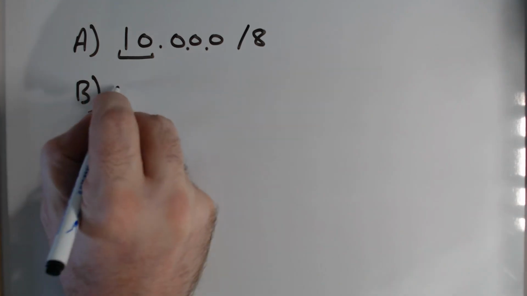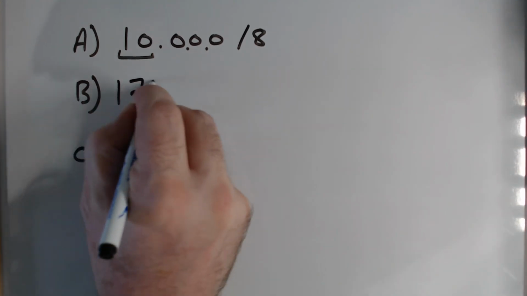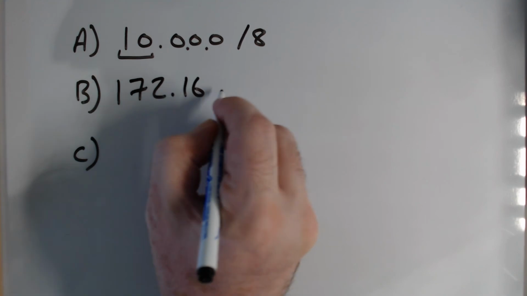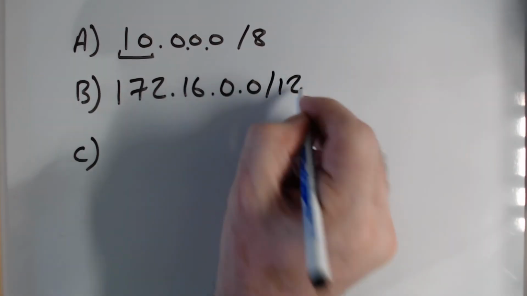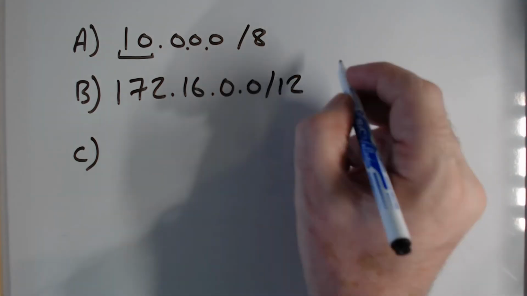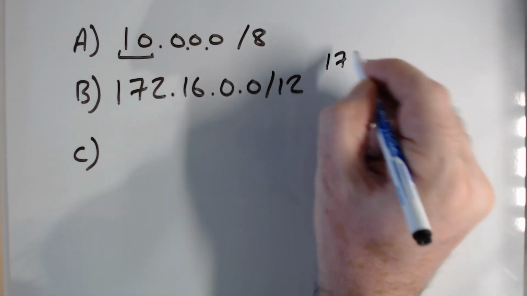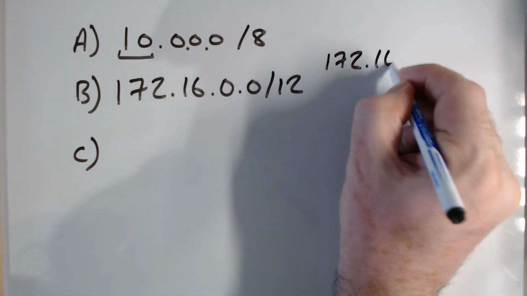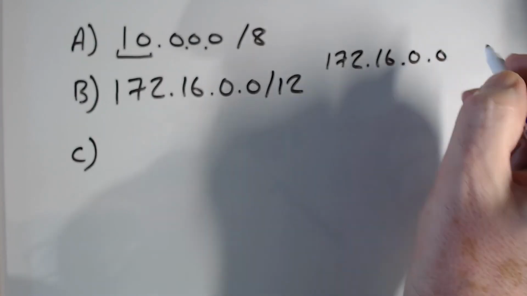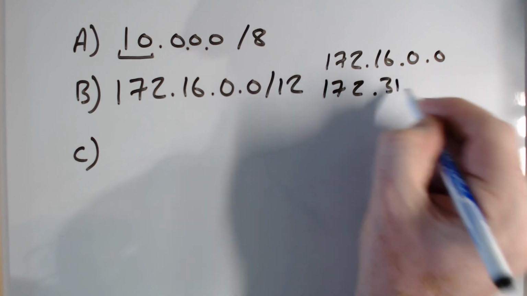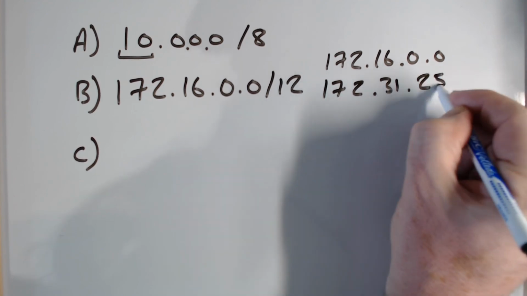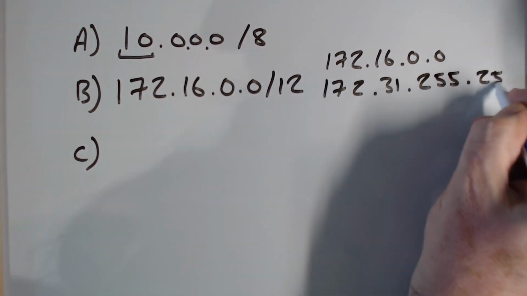The Class B addresses are 172.16.0.0/12. That's an odd one. We'll break that one down. It runs from 172.16.0.0 all the way up to 172.31.255.255.